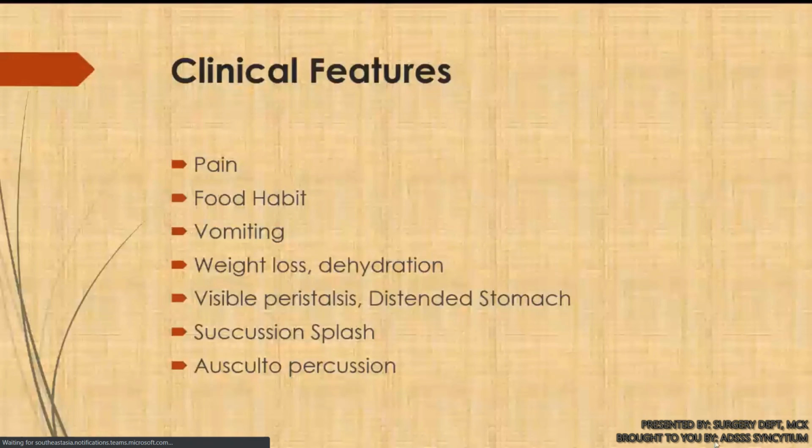Vomiting. Usually vomiting occurs in the evening and doesn't contain any bile because there is obstruction at the gastroduodenal junction. There is weight loss, dehydration, and visible peristalsis, which runs from left to right. Stomach remains distended. Succussion splash is one of the clinical findings due to distension of the stomach containing food particles, especially liquids.